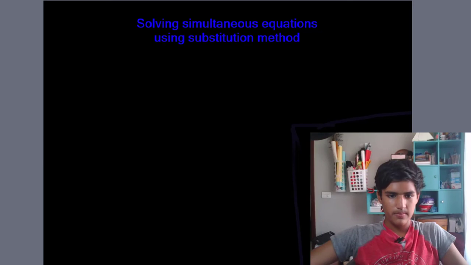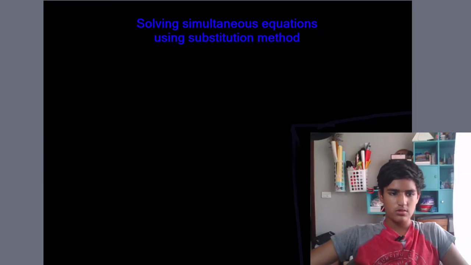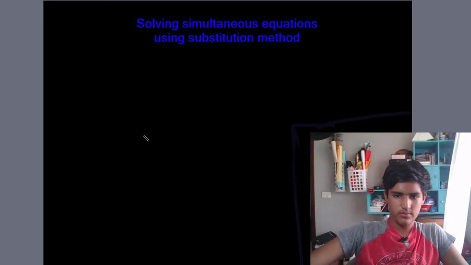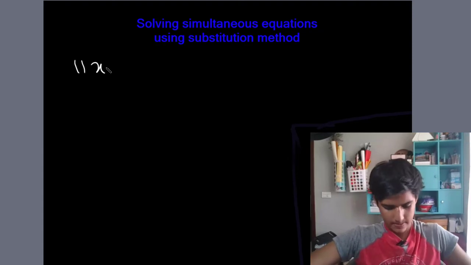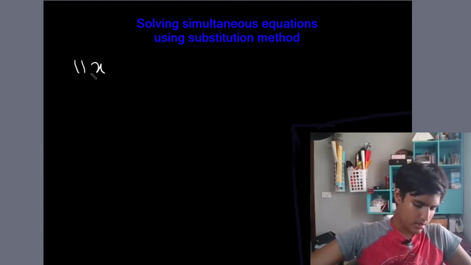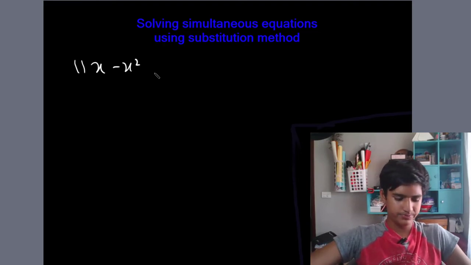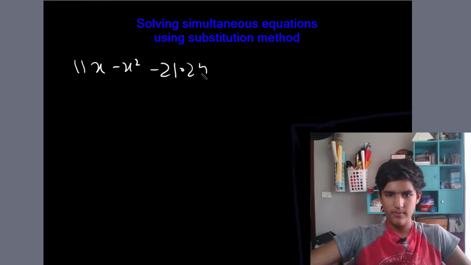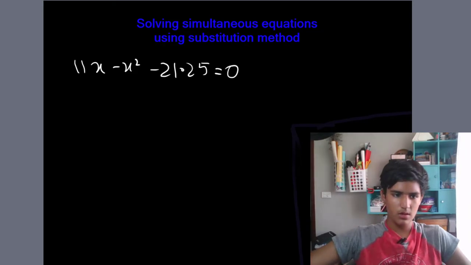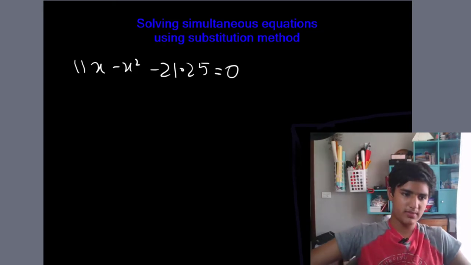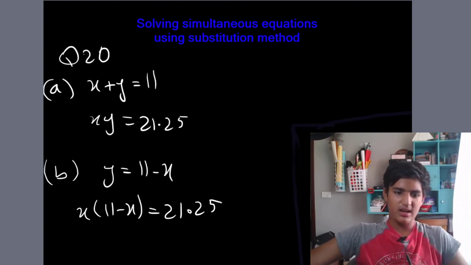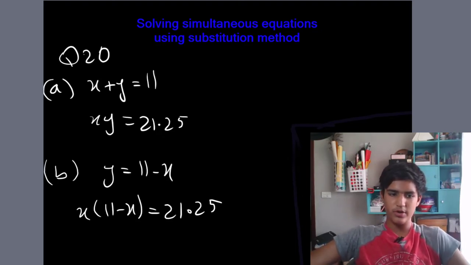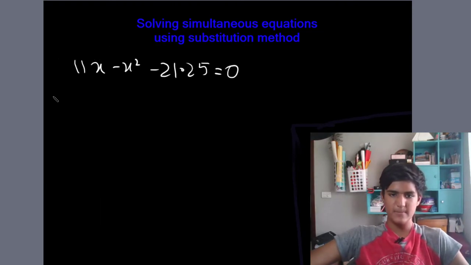So 11x minus x square minus 21.25 is equal to 0. What we simply did was multiply 11 minus x with x, and we brought 21.25 to the other side of the equation and changed the sign.